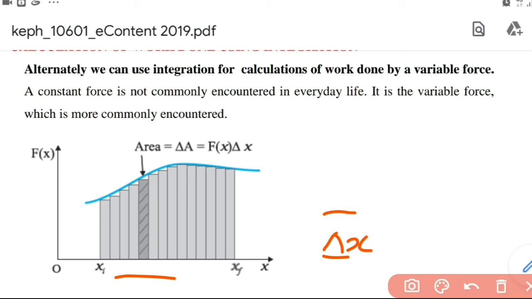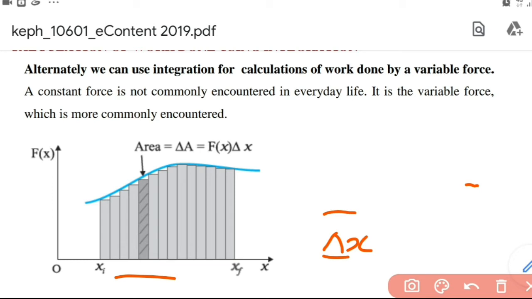In that way, we are dividing the interval from xi to xf into small displacements of delta x each, and during that delta x displacement, the force can be assumed to be constant. For each delta x, you can find the work done, because during that displacement the force is constant, so force into displacement will give you work done.